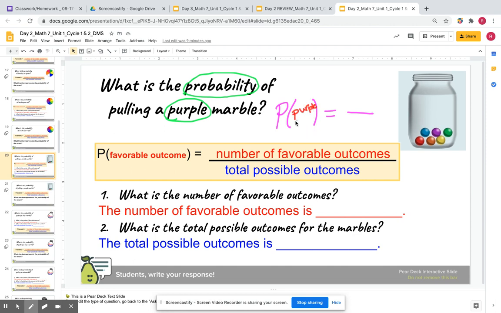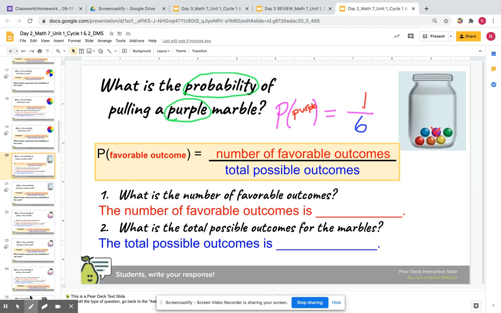Based off that, what is our numerator? What's the number of our favorable outcomes? I hope you were able to tell me it's 1, because there's only one purple. All right, what's the denominator? That's the total possible outcomes. So I hope you were able to tell me it's 6. So your fraction of probability for purple is 1/6.